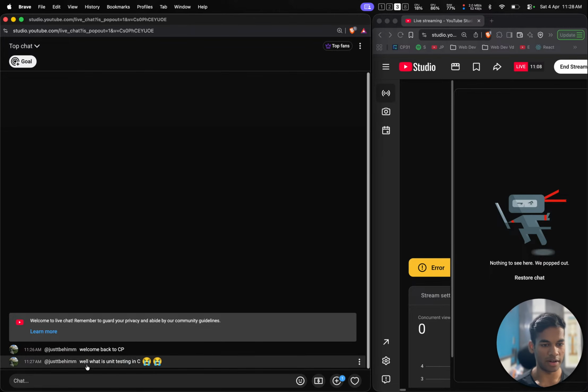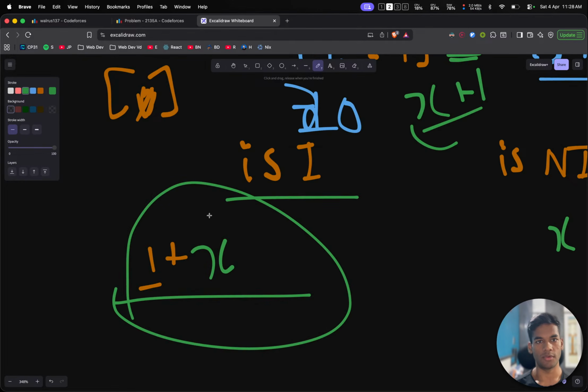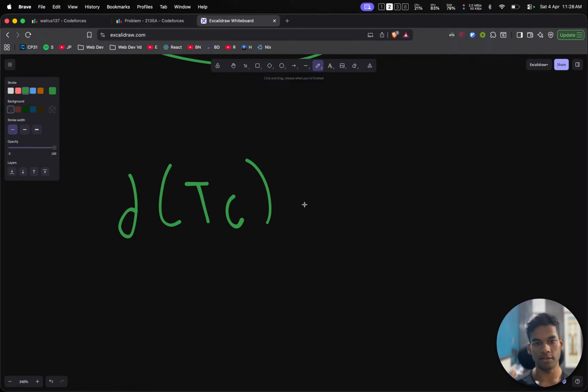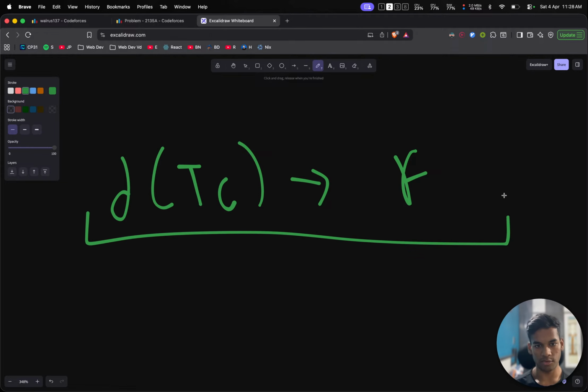I have not written any tests in C, but it is that when you write a function, there are some expectations of the output of the function. For example, if you want to write a function that takes temperature in Celsius and returns temperature in Fahrenheit, then there are some expectations in this function.